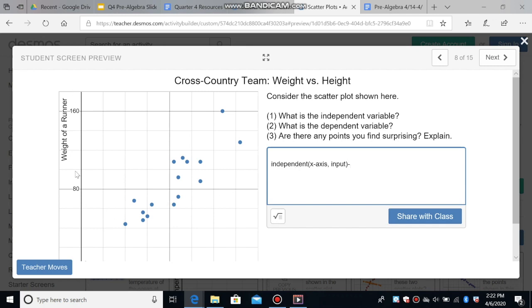So as I look, I see weight of the runners on the y-axis, but this isn't labeled for my x-axis. So that would mean it would have to be height. My dependent variable is again on my y-axis and is considered the output of my function. In this case, what's on my y-axis is the weight of the runner.